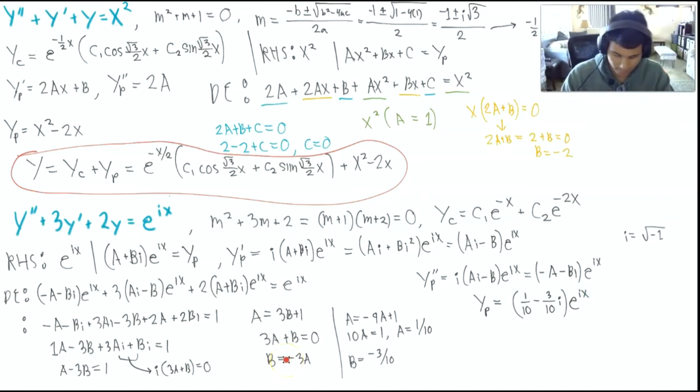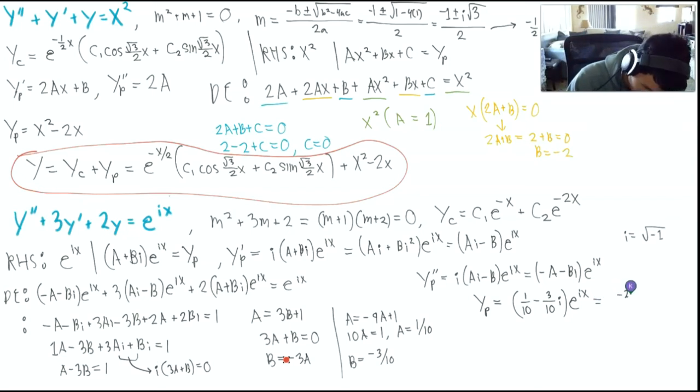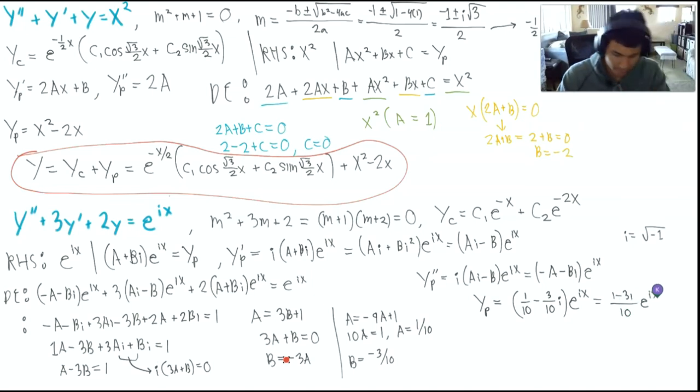Maybe we can write this a little bit nicer. We could write it as 1 minus 3i divided by 10 times e to the ix.